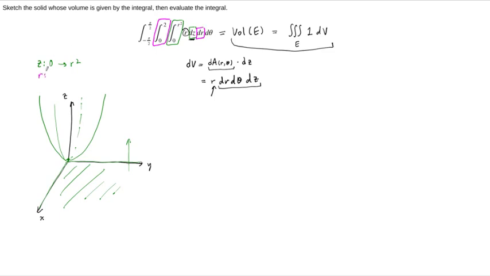The second integral tells us that r varies from 0 to 2. And remember, r and theta are polar coordinates in the base. So r varying from 0 to 2 tells us that r is going to start at the origin and work out until it gets to a length of 2 in the positive x direction. That's how r is traced out.